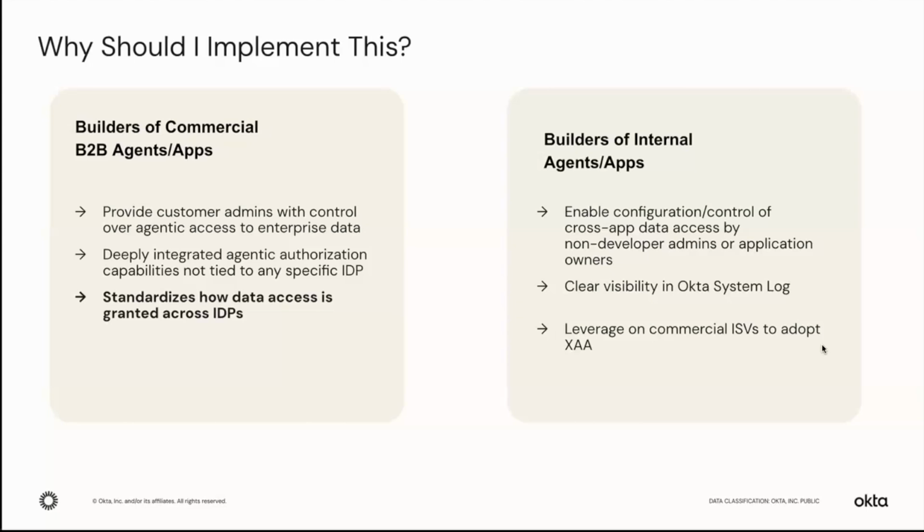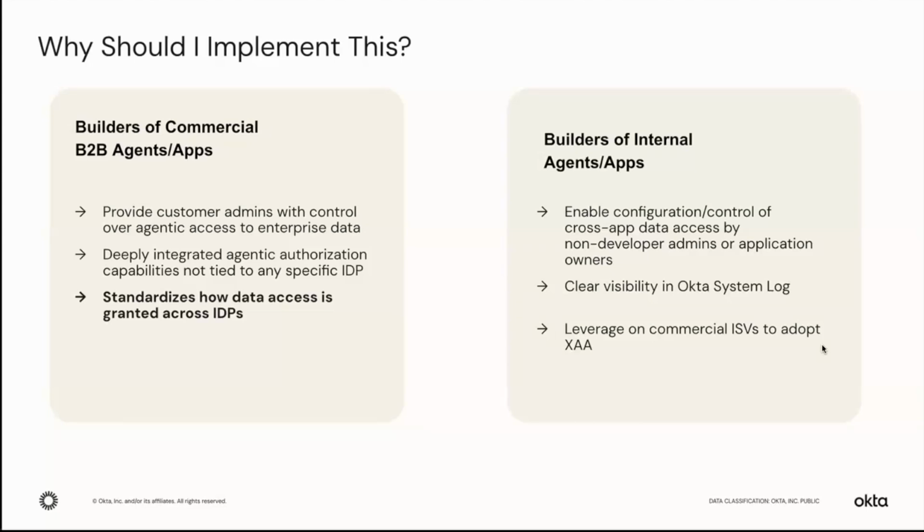This is giving a standardized way for admins to control which agents can access which other resources that are controlled by your application. And because this is based on an open standard, you're giving this deeply integrated authorization capability but you're not tying it to any specific identity provider. It's a standardized approach to how data is accessed and granted across different IDPs.